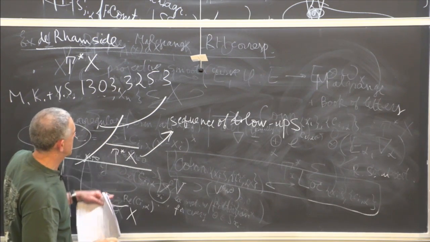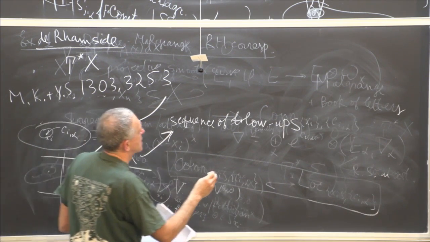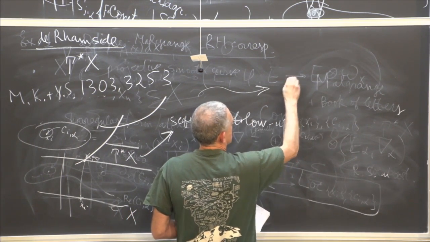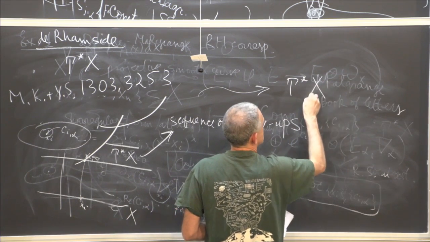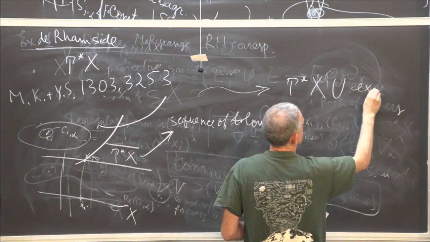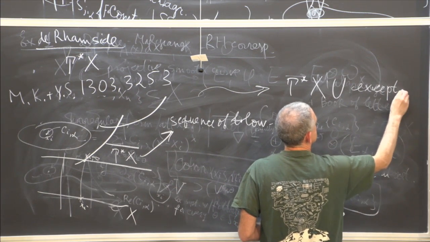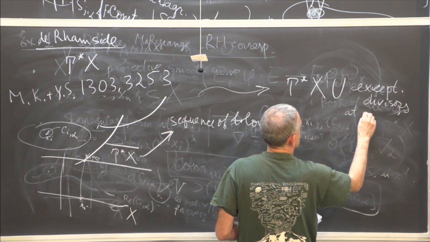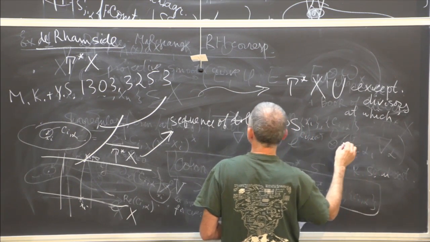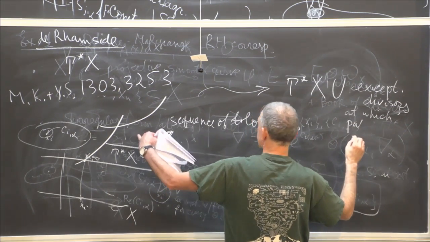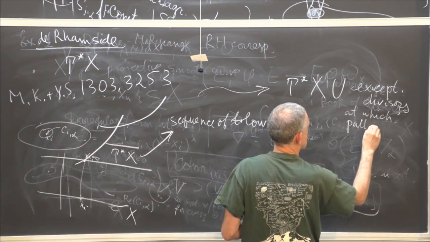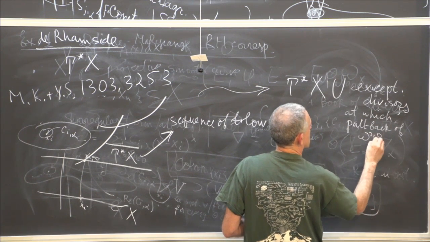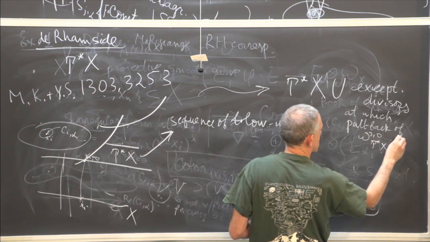The point is that we make blow-ups in such a way that in the end we keep only those exceptional divisors at which the pullback of the standard form on the cotangent bundle has poles of order 1.